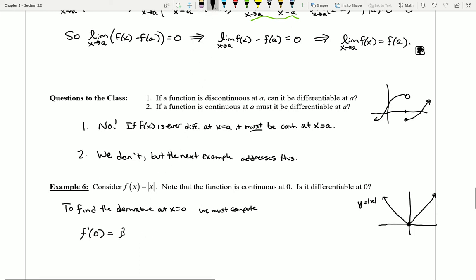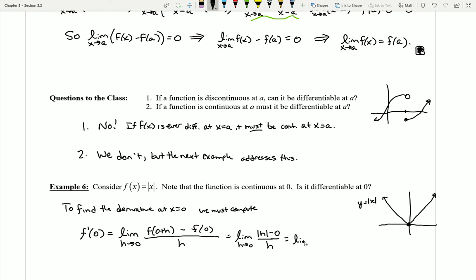I would have to compute the limit as h goes towards 0 of f of 0 plus h, right now my x is 0, minus f of 0, all over h. Okay, so we can simplify this down. In the numerator, I'm just going to have f of h, which is the absolute value of h. And f of 0 is really just 0. So I'm left with the absolute value of h over h.